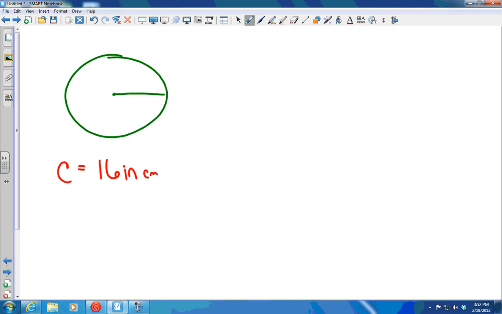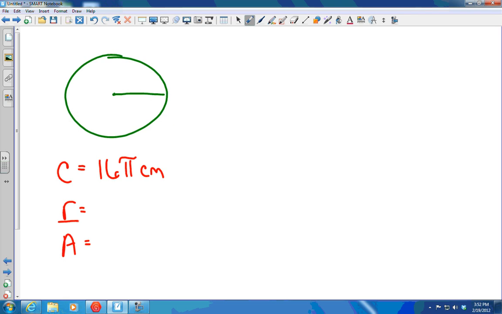So 16 pi, not inches, 16 pi centimeters. Let's say that is our circumference. I want radius and I want to know the area.